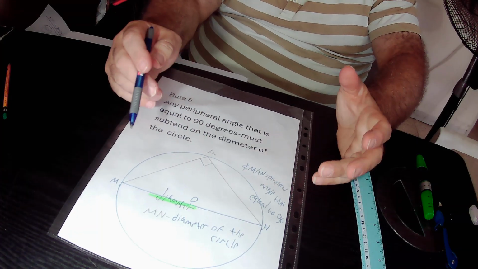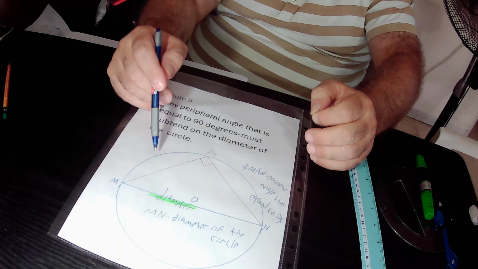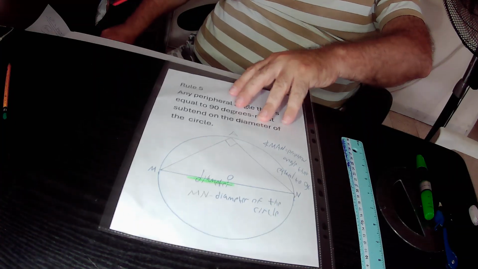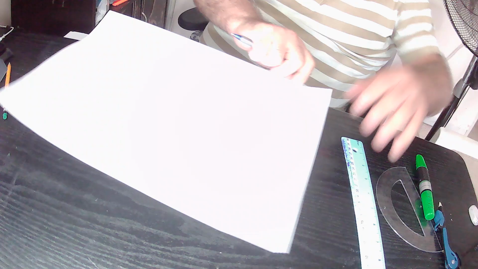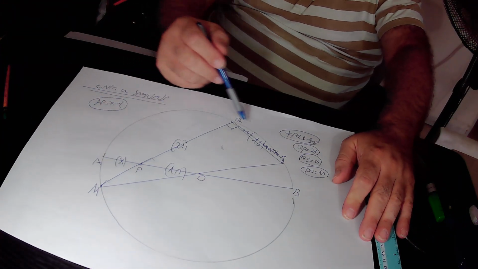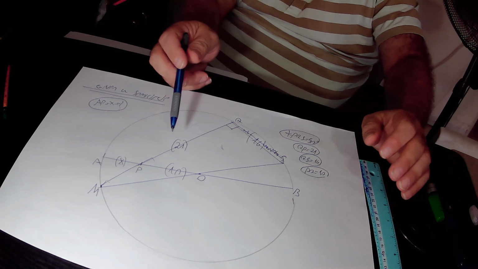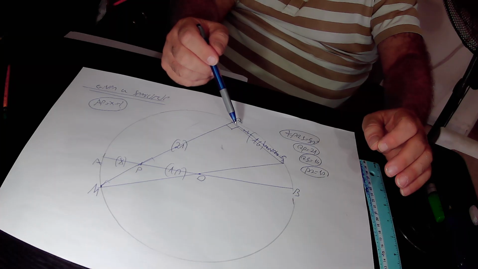So according to this rule 5, any peripheral angle that is equal to 90 degrees in size must subtend on the diameter of the circle. We can implement rule 5 in our drawing. Why? Because in our drawing we have here peripheral angle MQS, that is a right angle, and therefore according to rule 5, peripheral angle MQS must subtend on the diameter of this circle.